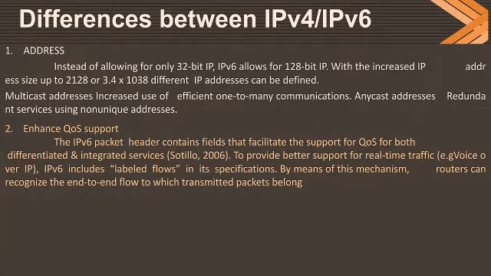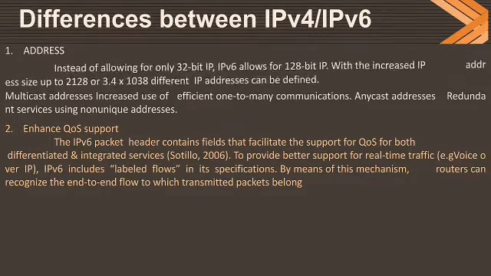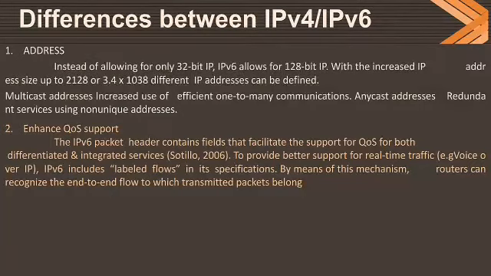Differences between IP version 4 and IP version 6. 1. Address. Instead of allowing for only a 32-bit IP, IP version 6 allows for a 128-bit IP.